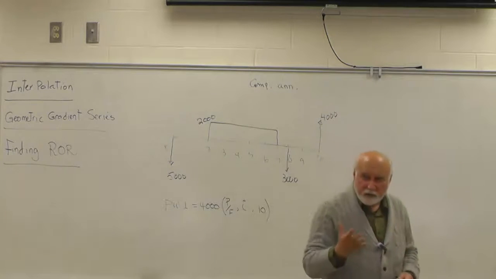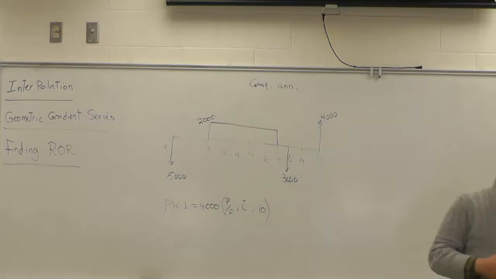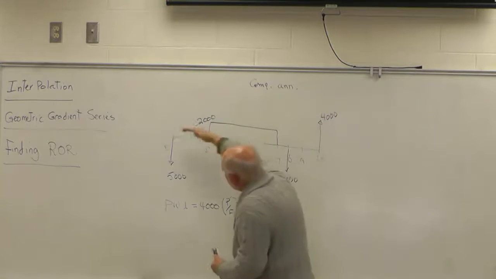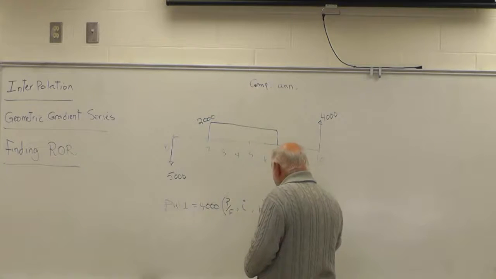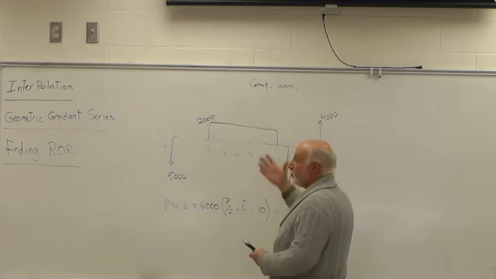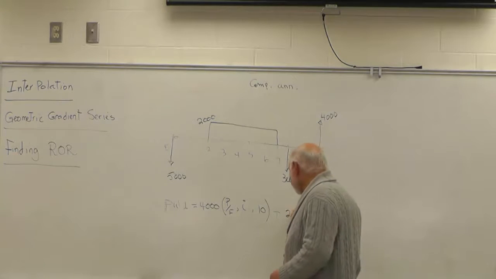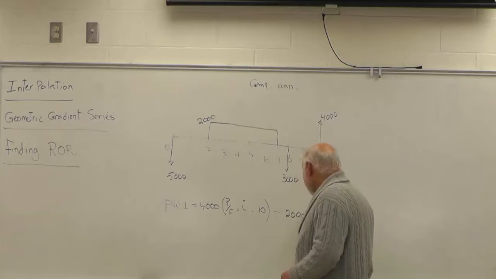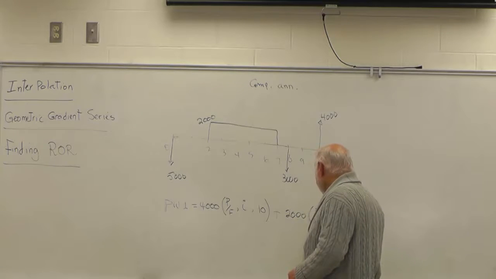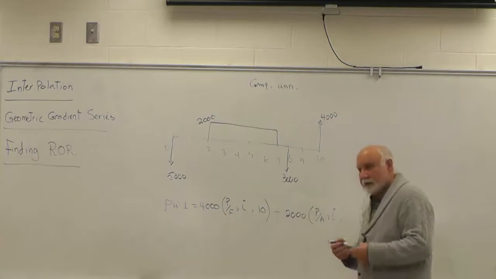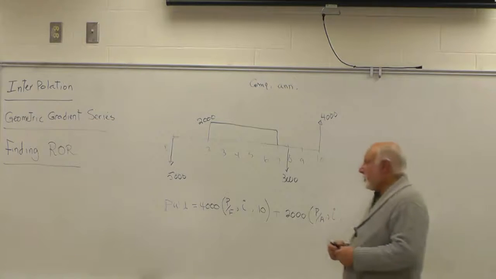No formula. So this is brought here. Plus what? 2,000 times P given A, I, and 6.